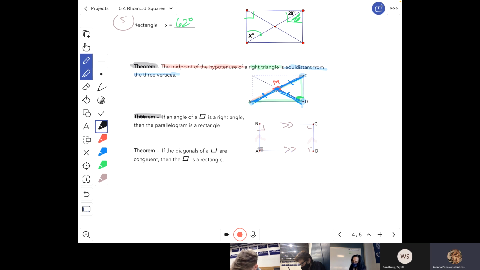Okay, let's look at another one. If the diagonals of a parallelogram are congruent, so let's draw the diagonals. If those are congruent, then the parallelogram is a rectangle. Makes sense.